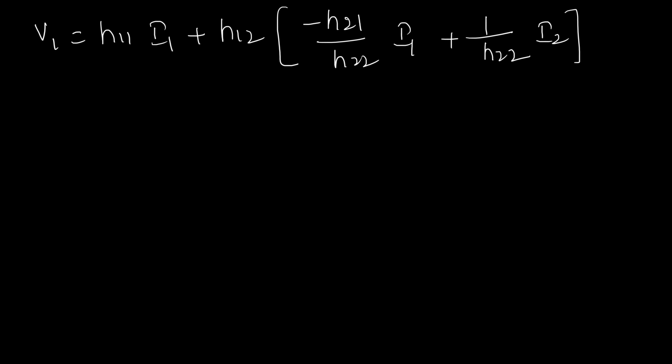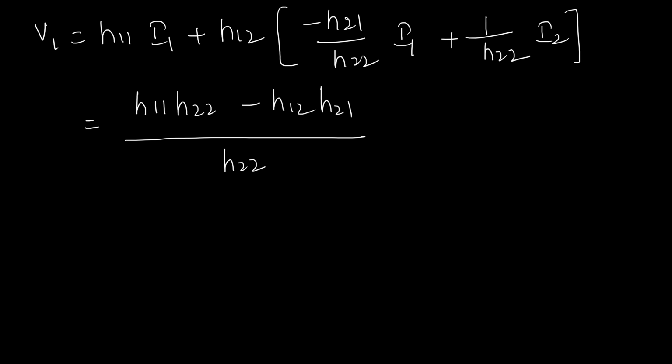Now I can take I1 as common, and also I'm taking the LCM. Collectively I'm writing here: H11 into H22 minus H12 into H21 by H22 into I1 plus 1 by H22 into I2.